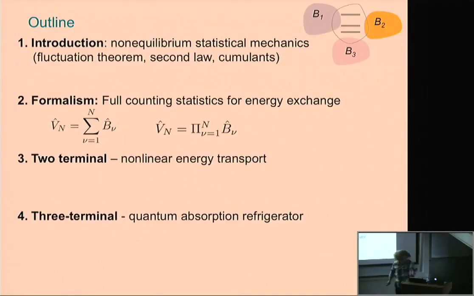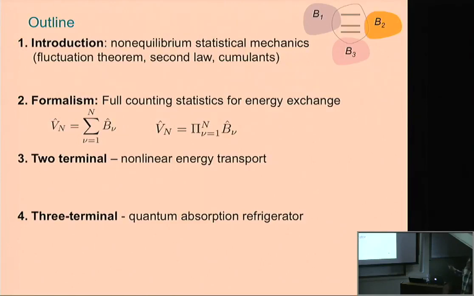Okay, so finally the introduction, the outline of my talk. I will begin with some definitions, some basic ideas for non-equilibrium statistical mechanics, just to put the definitions in front. I will then present our formalism for full counting statistics. We have a subsystem with few levels, and V is the operator of the bath that couples to the system, the operator of the full total environment.